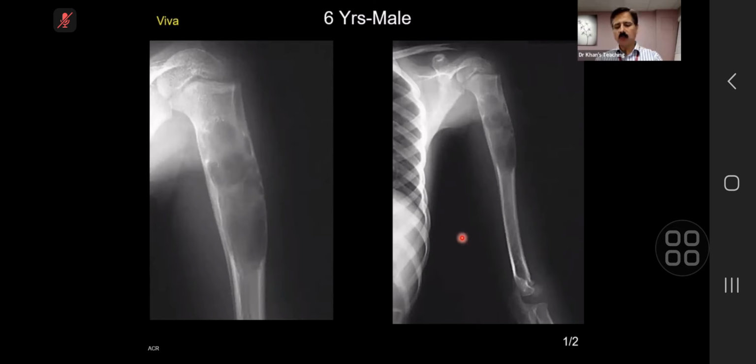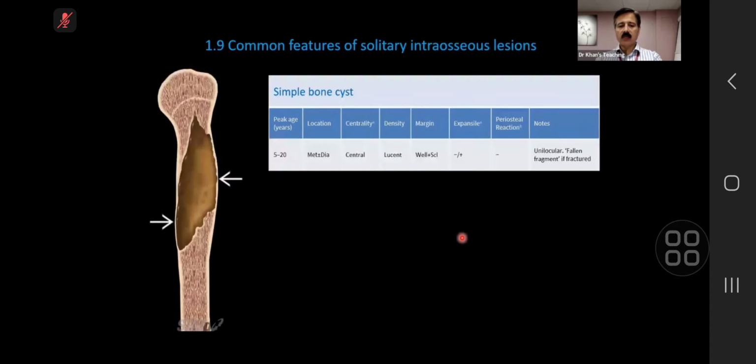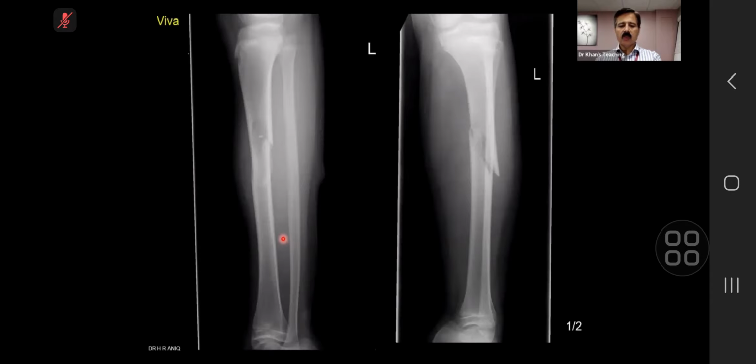So this is a simple bone cyst. In differential, you can consider aneurysmal and then tell the examiner your thinking, because it is central, it is in keeping with a simple bone cyst, and 5 to 20 is the age. This is a simple bone cyst.